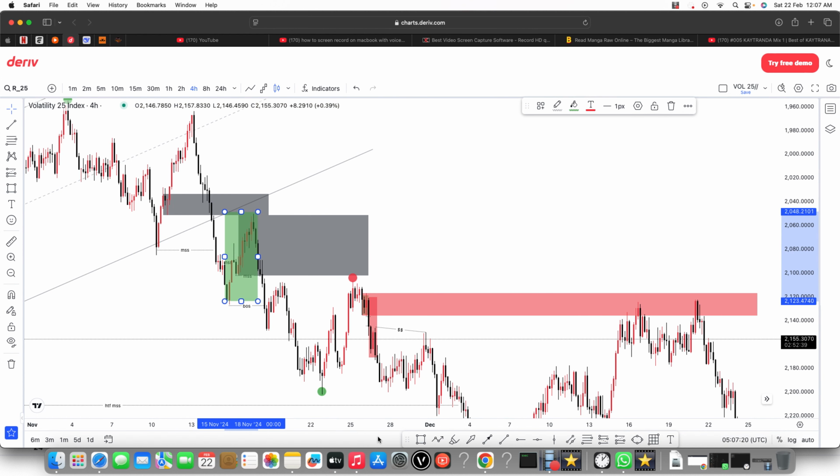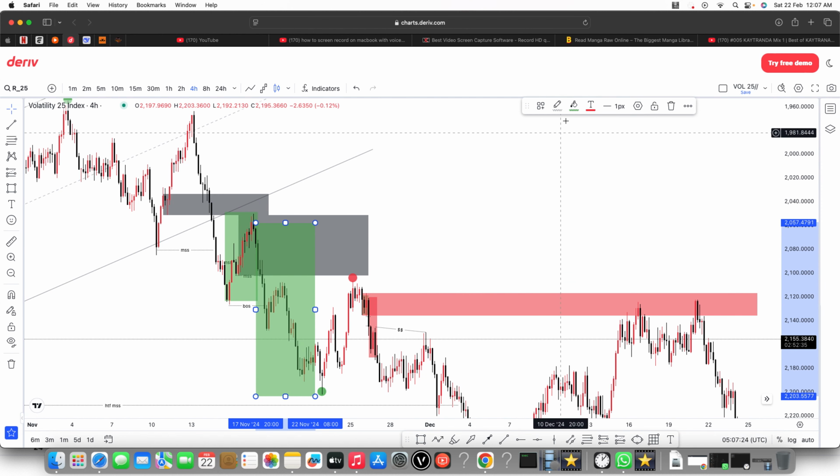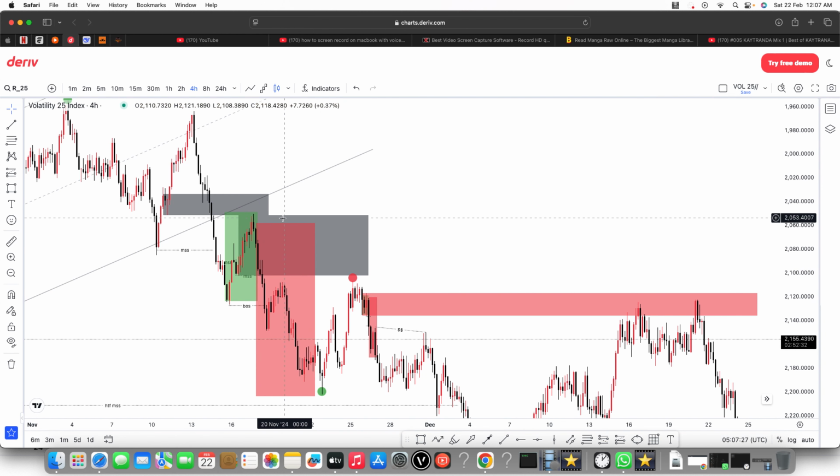And the confirmed break of structure to the downside here, giving us the red candle.